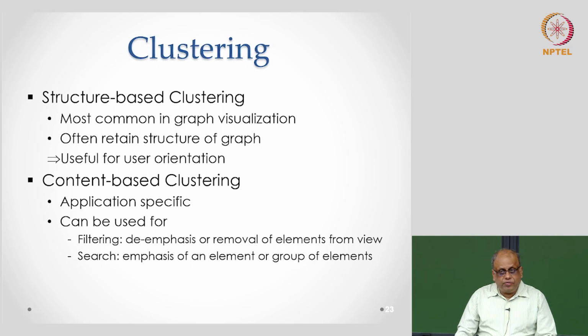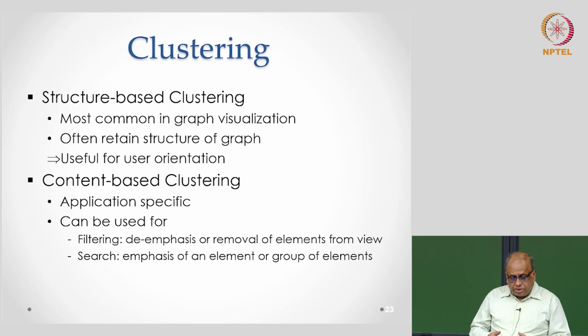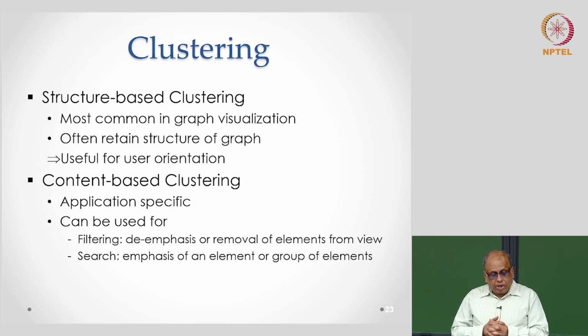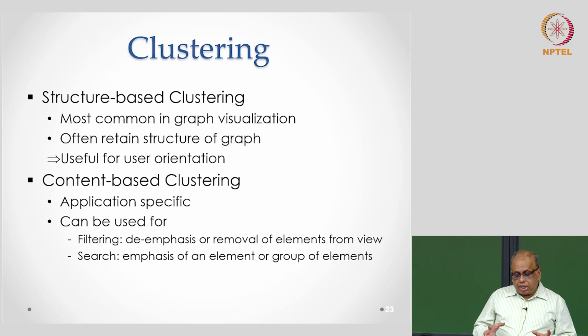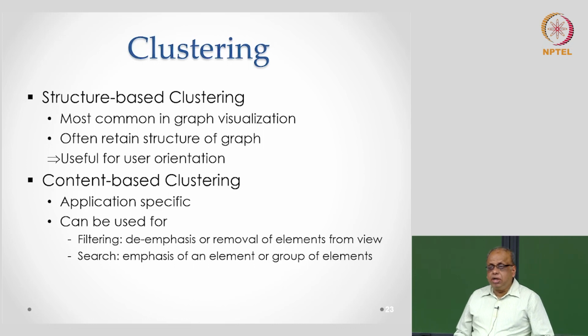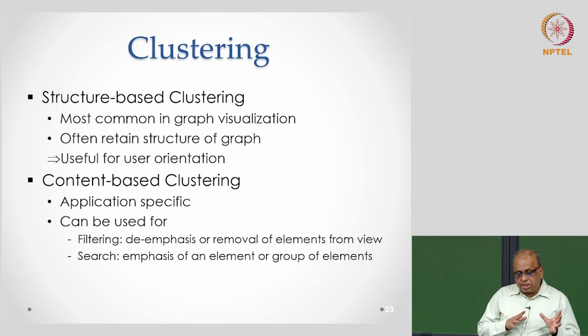In content based clustering, you do it application specific. So for example, you can do the content clustering based on people in different regions being clustered together. But because in content based clustering you're doing it based on the various content, the graph structure will change.